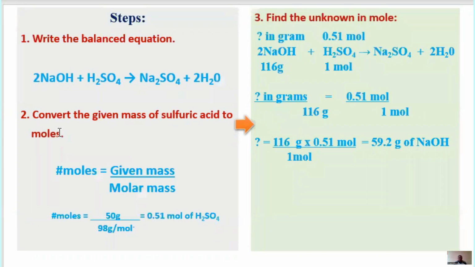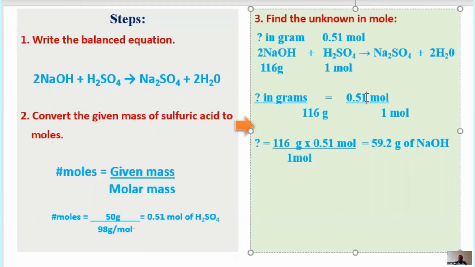No, this is not correct. The required is here. There must be 50 grams of sulfuric acid given over 98 grams of sulfuric acid.